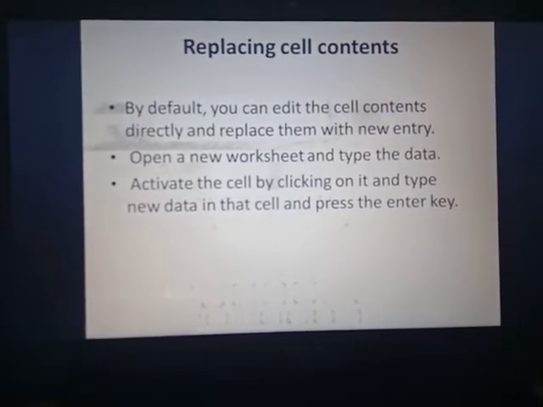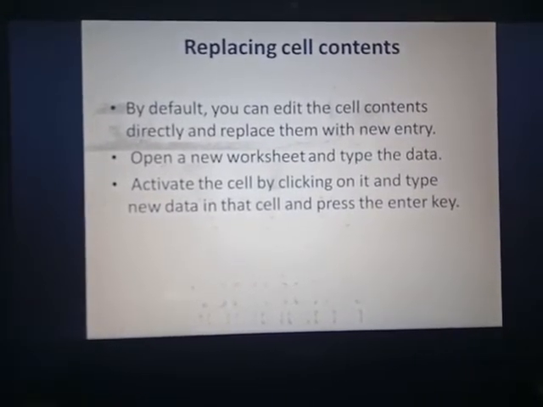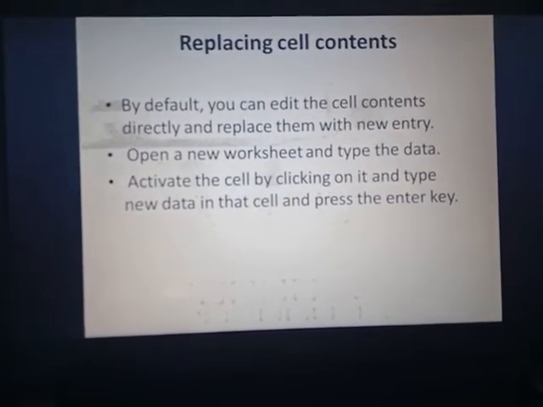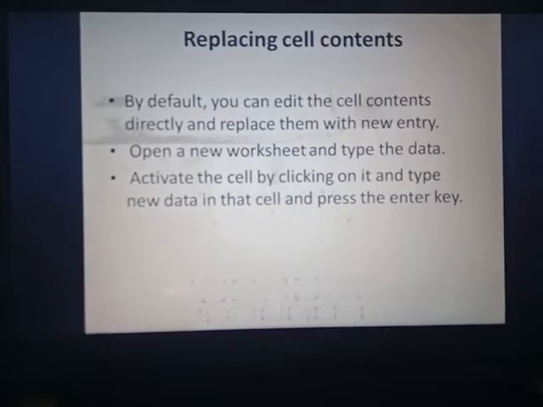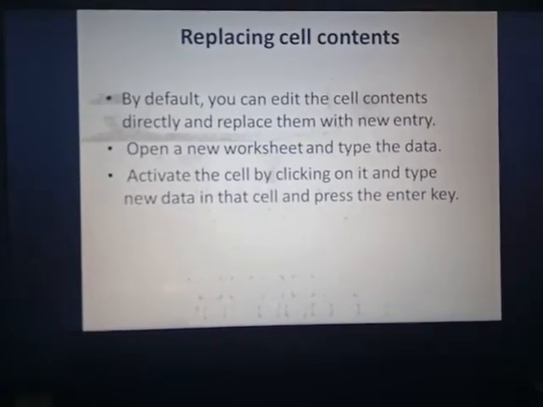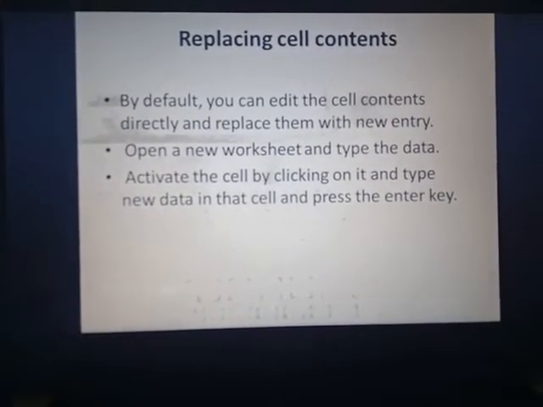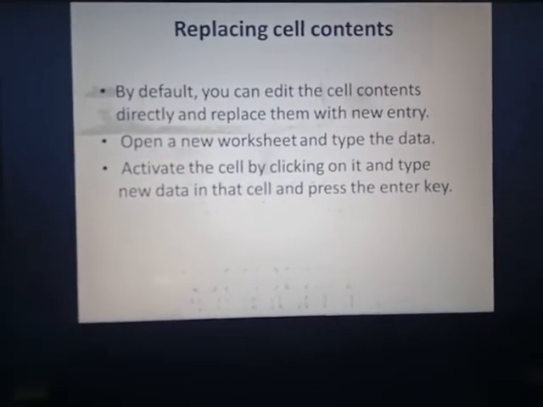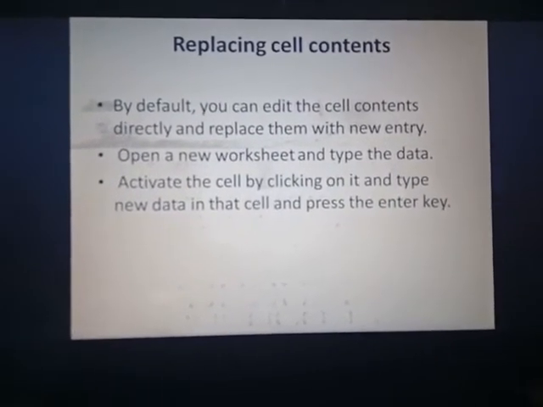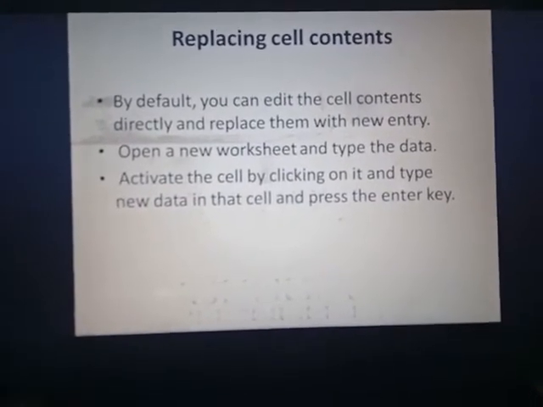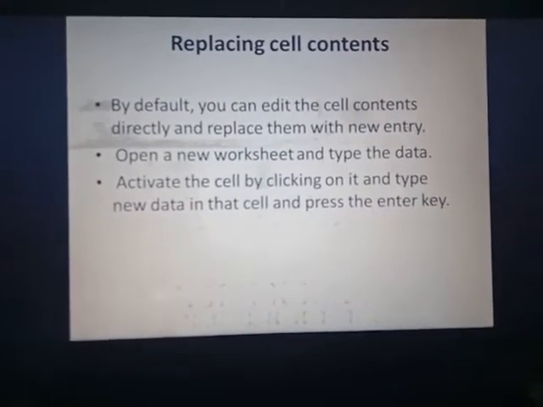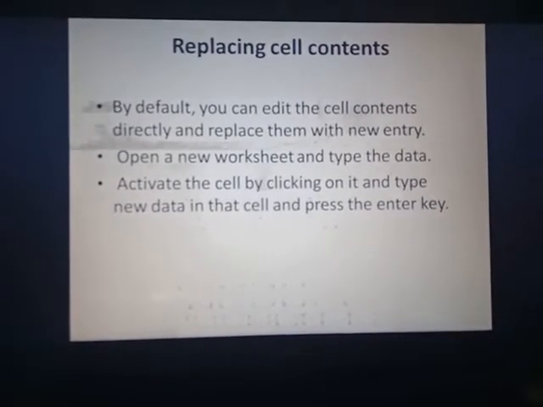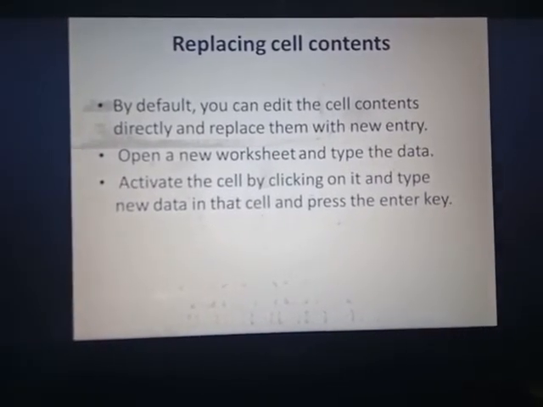By default, the edit mode will come whenever you go to that particular cell. On that cell you can start writing your content. When you write your content, the previous content will automatically be replaced by the new content. Like we have entered the data in a particular cell by just clicking on it and starting to enter.